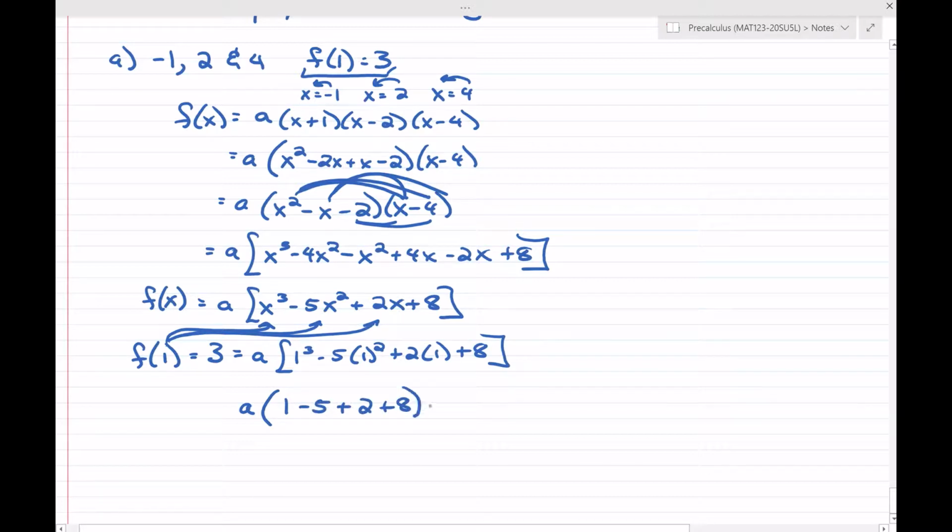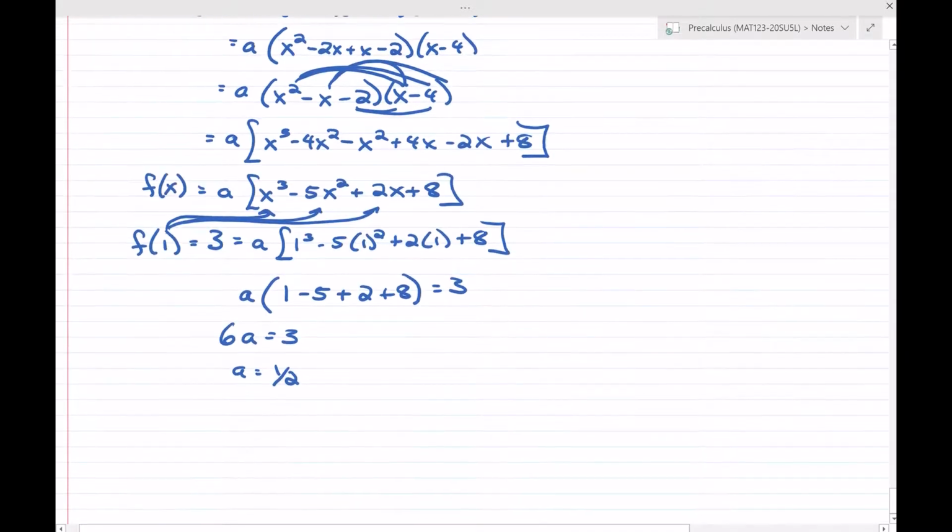That's f of 1, and that's equal to 3. So negative 4 plus 2 is negative 2, plus 8 is 6. So it looks like a would just be 1/2. So as far as what our actual equation would be, f of x would equal 1/2 times x to the third minus 5x squared plus 2x plus 8.